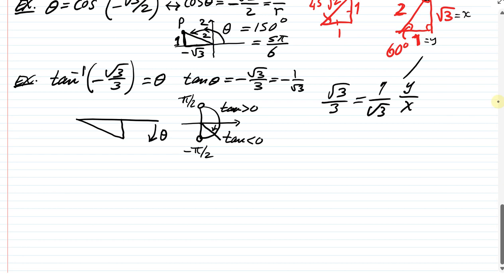It's negative 1 over root 3, so the hypotenuse is 2, and there you have it. That means the measure of this angle is going to be negative 30 degrees, right? Because it's going in a clockwise direction. So the answer is negative pi over 6. That'll be the answer to this example.